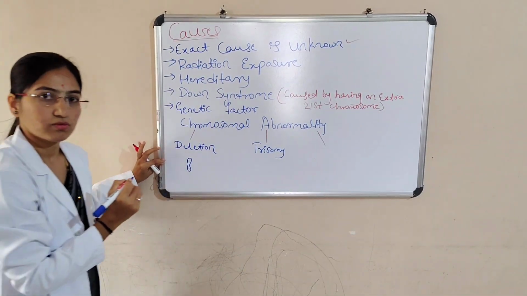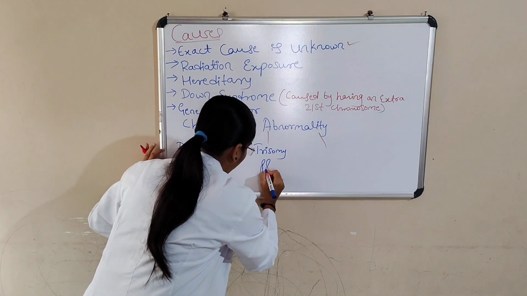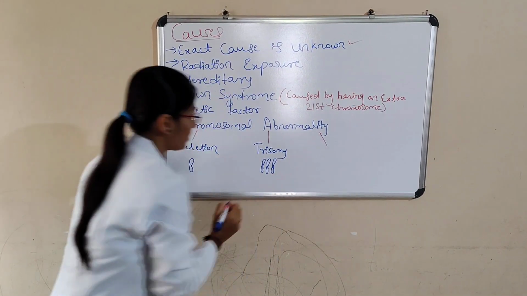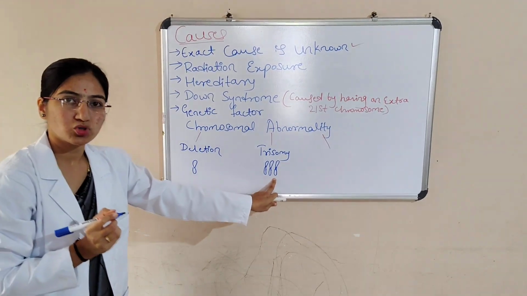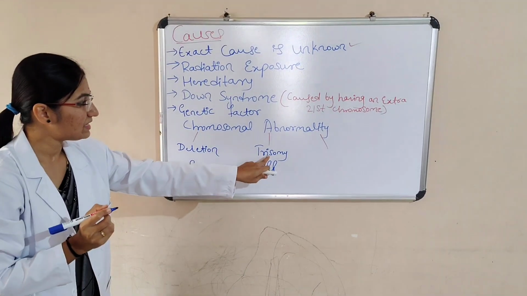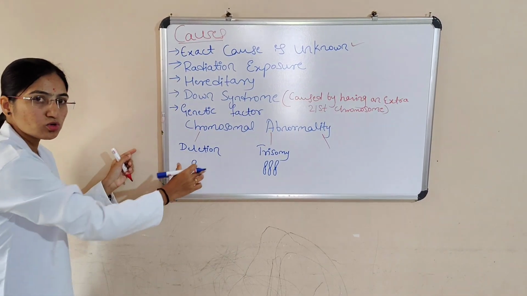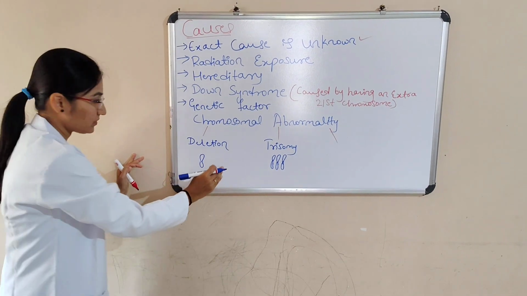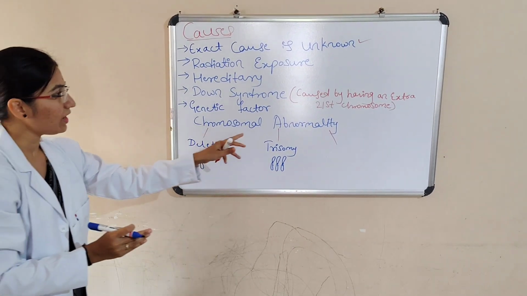Trisomy means adding one extra chromosome. That is trisomy. In deletion, chromosomes are in pairs and then one gets deleted. It is also one of the chromosomal abnormalities.